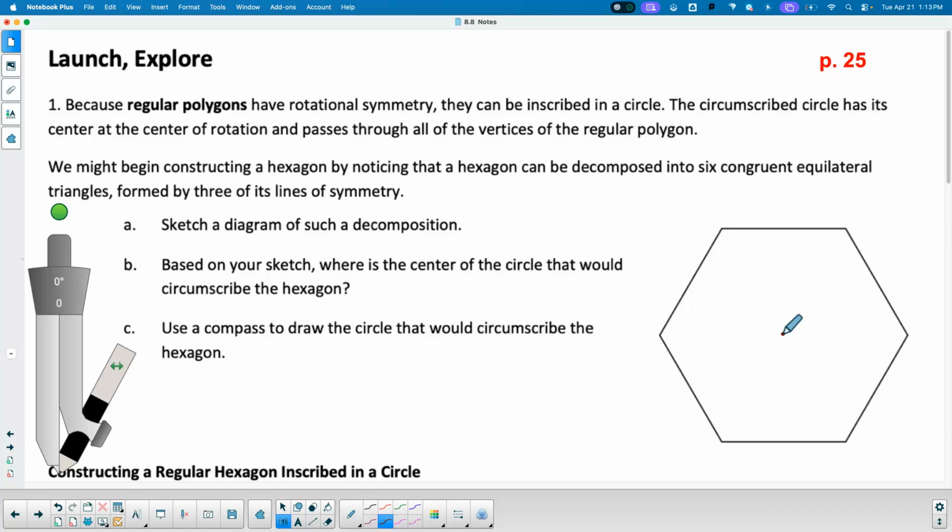So we gave you a sketch of one. Okay? All right? So now what we're going to do is we're going to find that center. Okay? And you can find that center as the intersection of the diagonals.